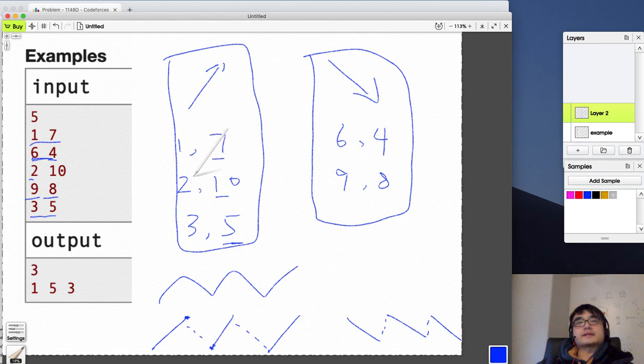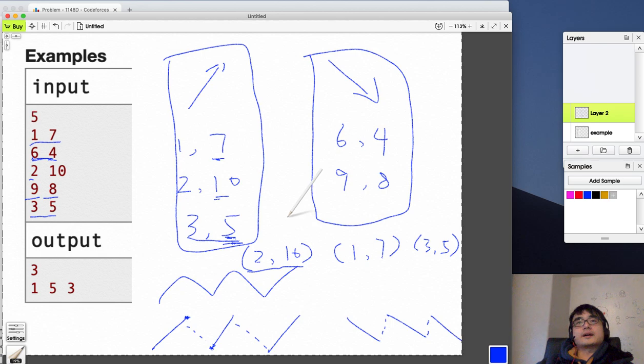So in this case, 10 is the biggest, so we are going to have 2, 10 as the first pair. And then 7 is the second largest, so we are going to have 1, 7. And 5 is the third largest, so we are going to have 3, 5.